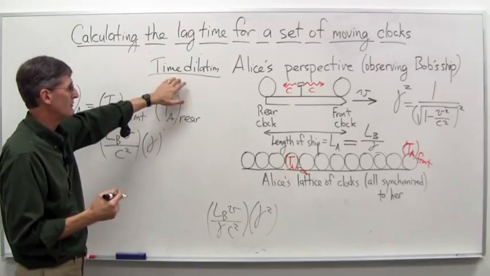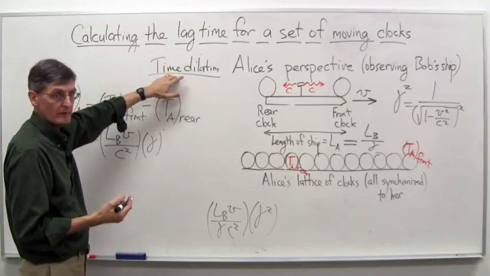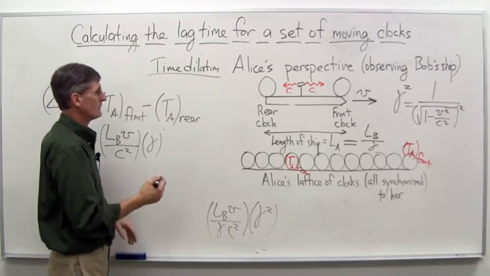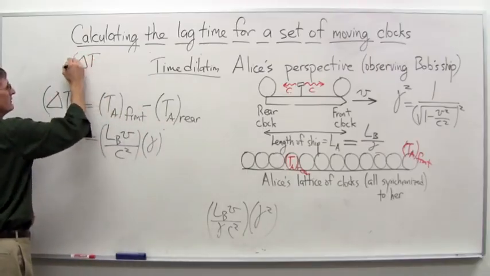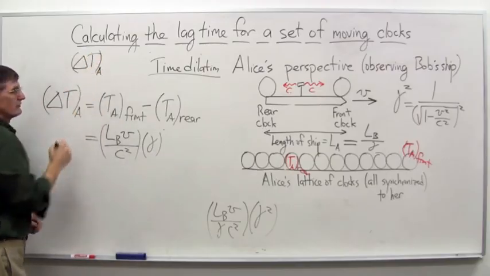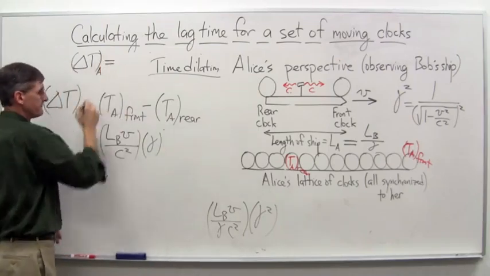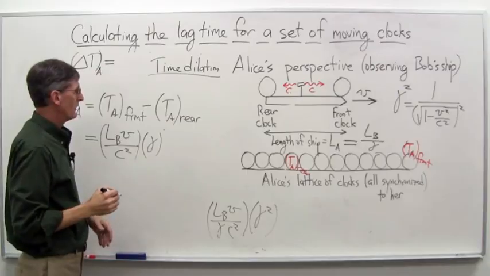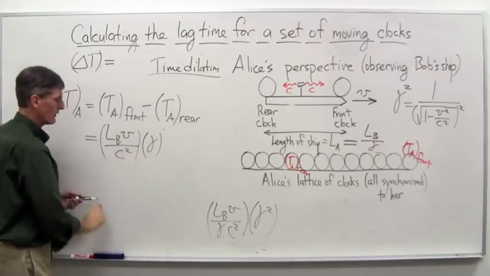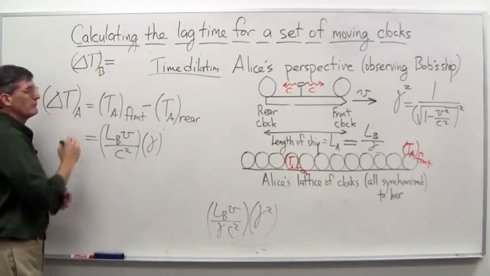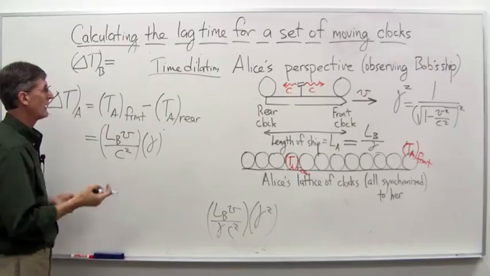And that time dilation factor, again, is gamma, and it's going to be 1 over gamma, right? Because one way we can write this is, it's a little easier to say this way because that's how we've been saying it: for Bob's clocks, a time difference is going to be smaller than for Alice's clocks.